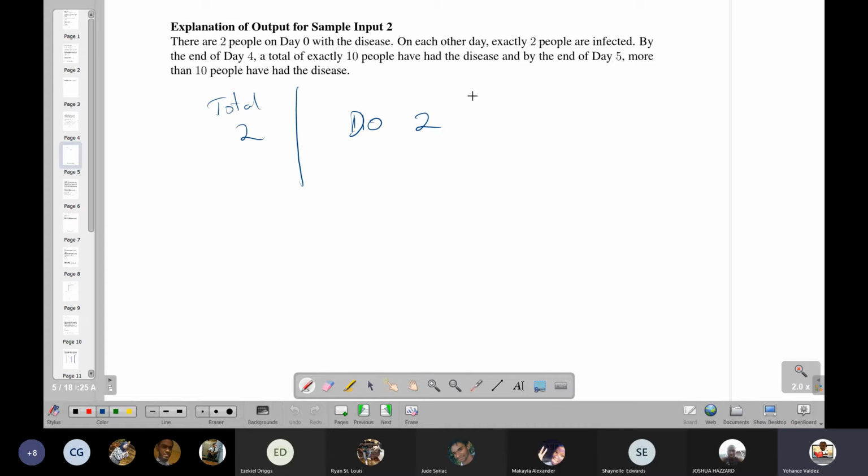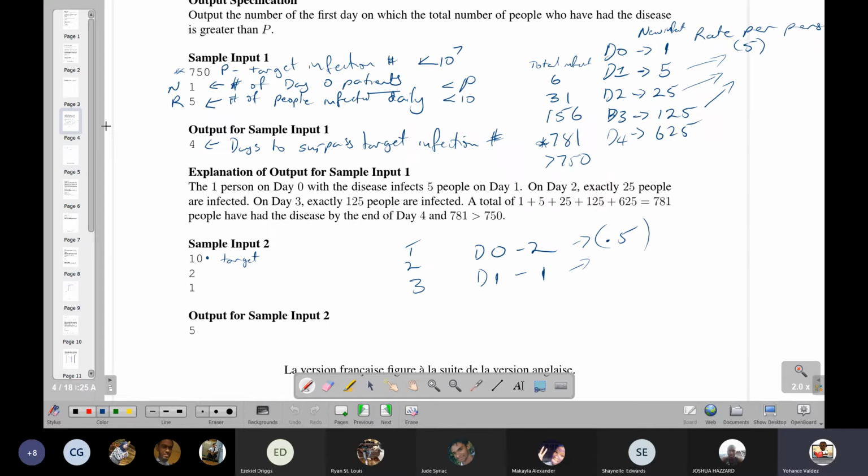So if I'm going with what they're saying, on day 1, we had 2 people each infecting 1 person each. Yes, that makes sense. Just like how we had each 1 person infecting 5 people. And each day, these 2 people would infect 1 person each.